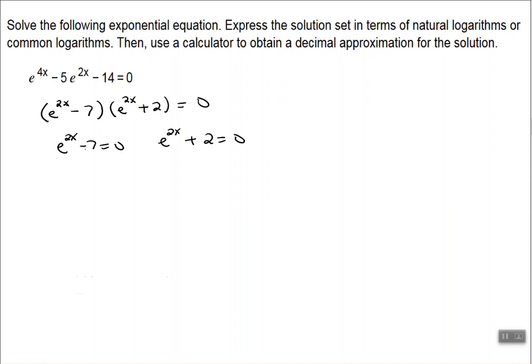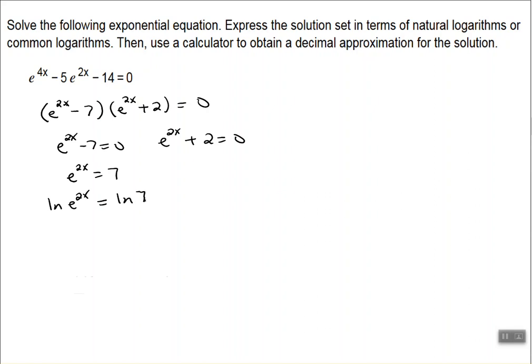So on the left hand side here, I'm going to add 7 to both sides. And then I want to pull that x out of the exponent area. So I'm going to take the natural log of both sides, because remember, the natural log and e are inverses.